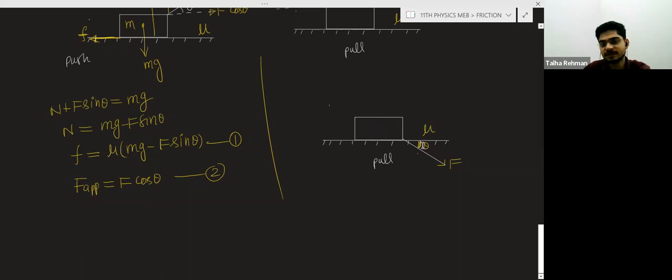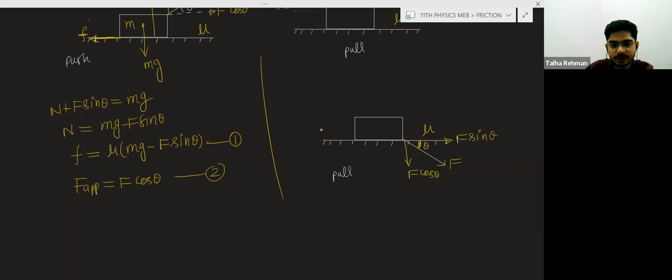So basically this angle is theta. So this will become F sin theta, and this will become F cos theta, and here will be the normal reaction, here will be the mg, and the normal reaction will be like this.